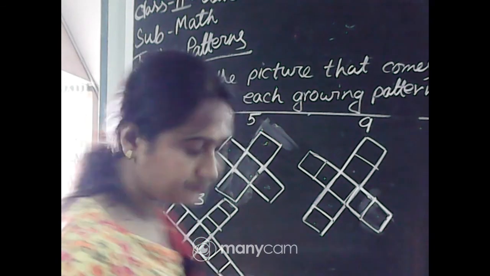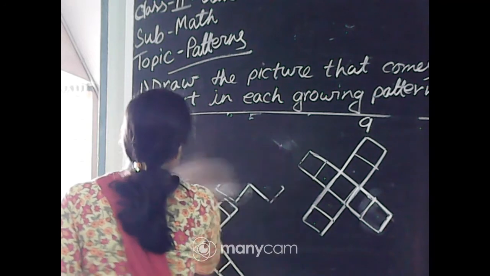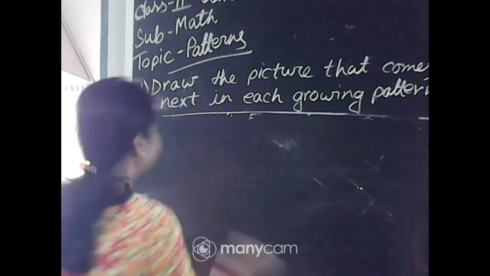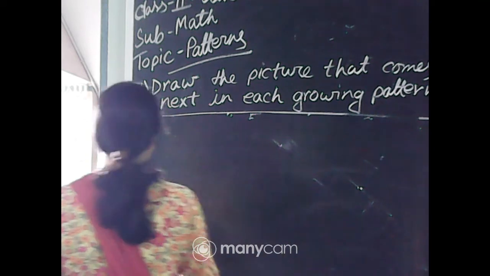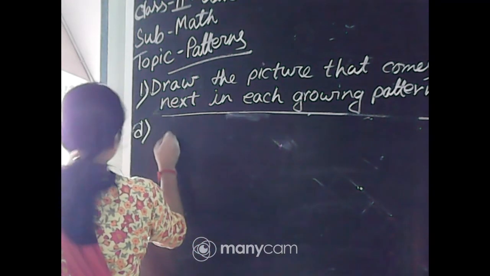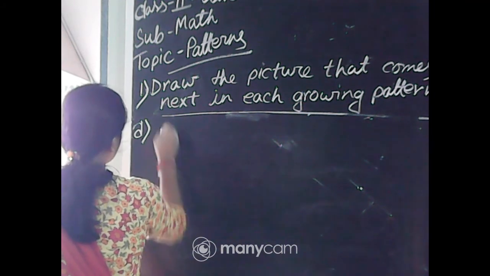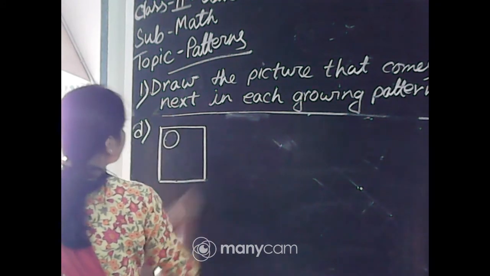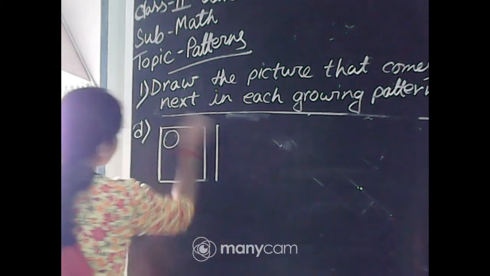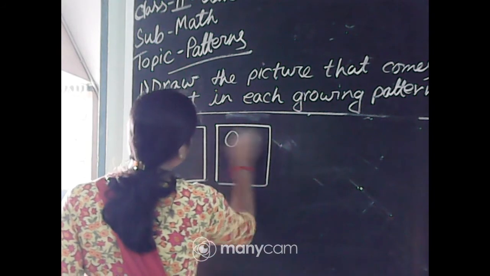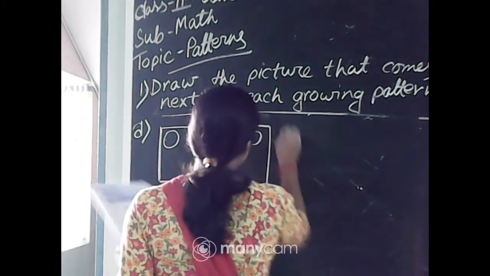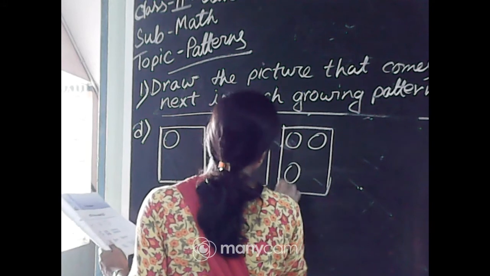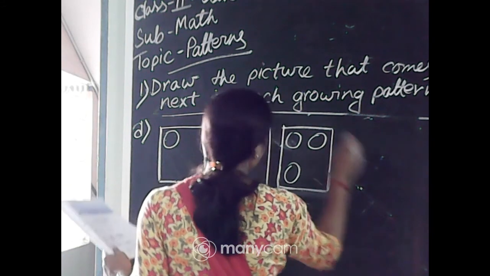Now, next, this is number D, number D. Here, one circle in the square in this manner, one circle, this is the square, here 2 circle and there is another square, here it is very easy, here is 3 inside the square, 3 circle, and what will be the next?